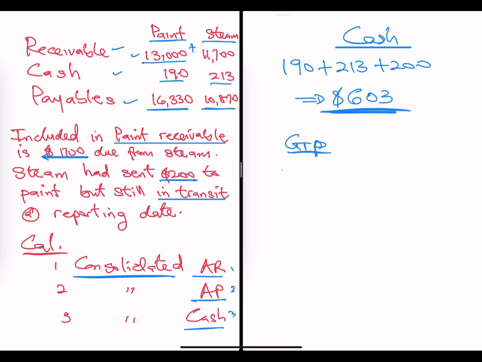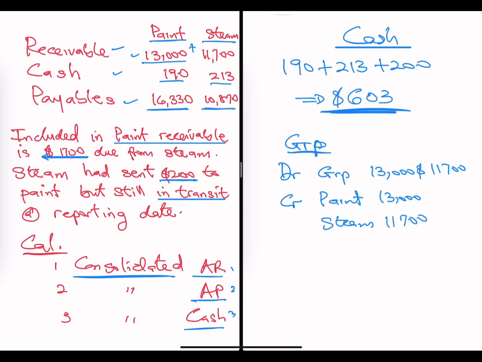So the first thing is we're going to debit the group account with those two receivables, 13,000 and 11,700, and we're going to credit each account to take them out. So we'll credit Paint and we'll credit Steam. Paint, we took out 13,000 to move it to the group, and Steam, we took out 11,700.